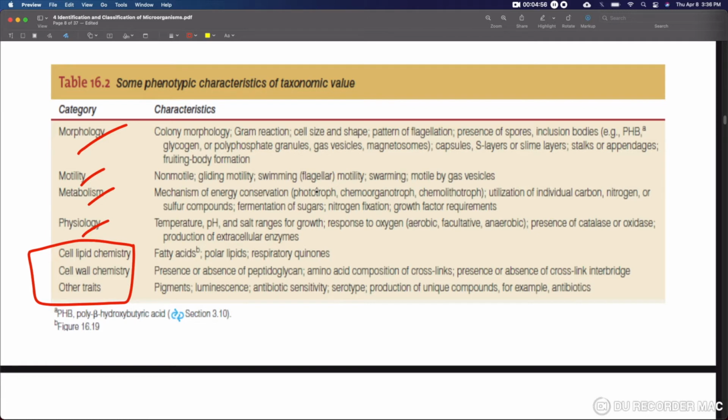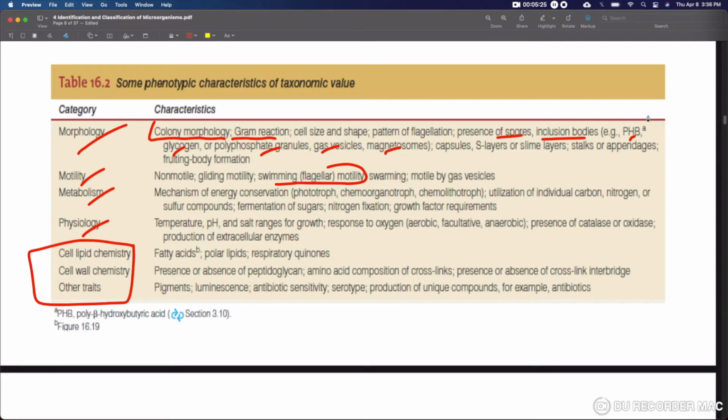So as I was mentioning earlier too, the presence of flagella is also important. The gram reaction that we already discussed earlier, the colony morphology that you will later on see, the presence of spores, the inclusion bodies, like your polyphosphate granules, your magnetosome, your vesicles. Those are your inclusion bodies that are, again, highly refractile.